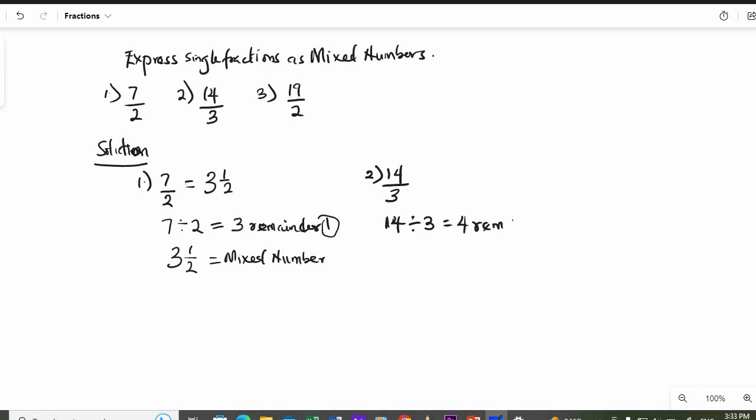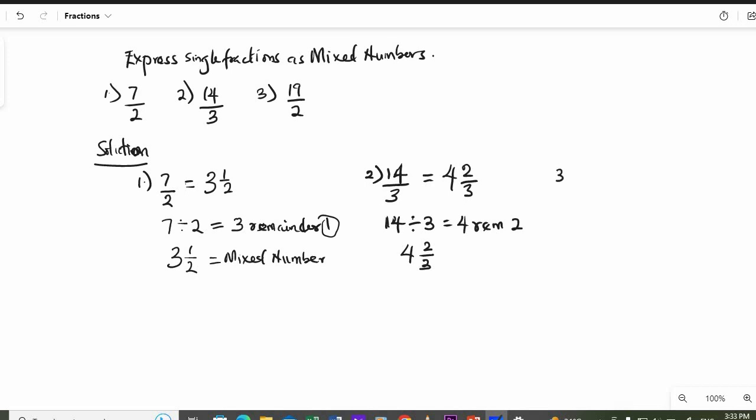So the remainder is 2. Okay, so we say that our whole number part is what? This 4 right here. And we retain our denominator as 3 and our numerator as 2. So we say 14/3 expressed as a mixed number is 4 whole number 2/3.